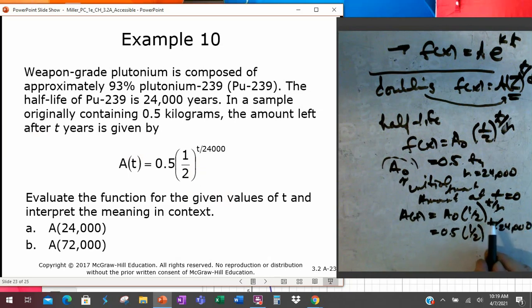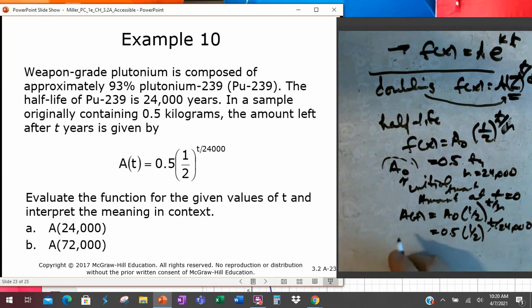When we start out at time T equal to 0, only at time 24,000 do I hit one of these. 1/2 to the 1 is a half, and I've only got half of this left. I keep decaying, but at 2 times this, 48,000, divided by this, I've gone through 2 half-lives, a half times a half, or 1/4 of this. And then this keeps working out.